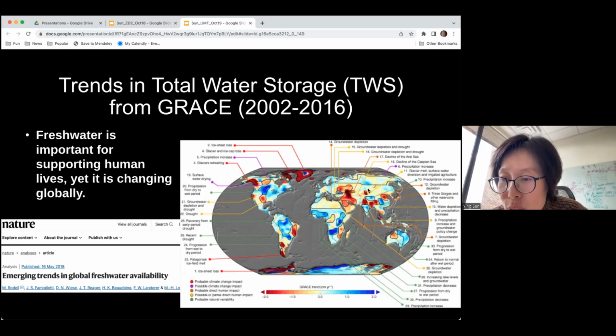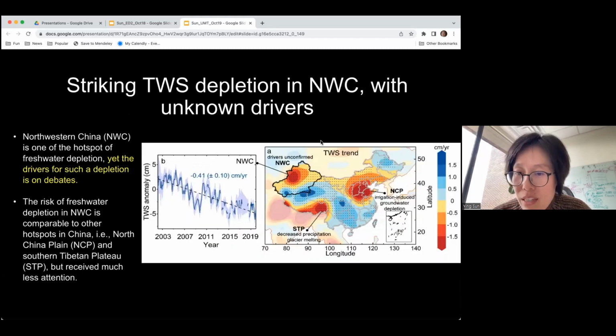What we are interested in is actually China. If we zoom in over here, in China there are three hotspots. One is in the North China Plain, this is in the southern Tibetan Plateau, and this is in northwestern China here. When we zoom into northwestern China, we can see this long-term depletion of total water storage from GRACE data.